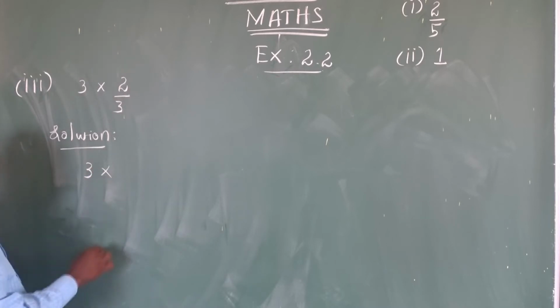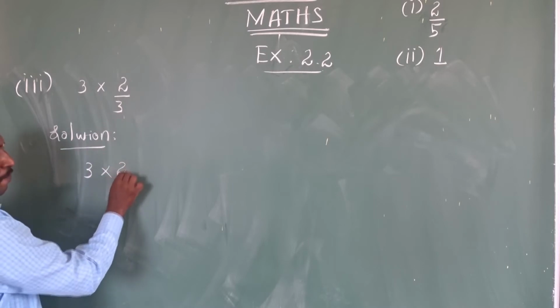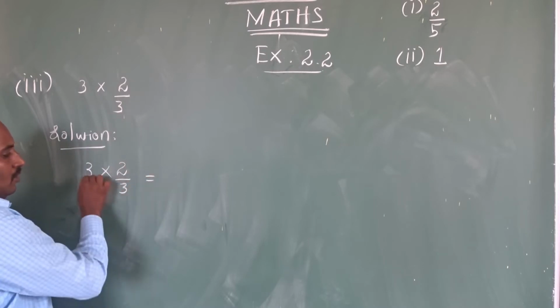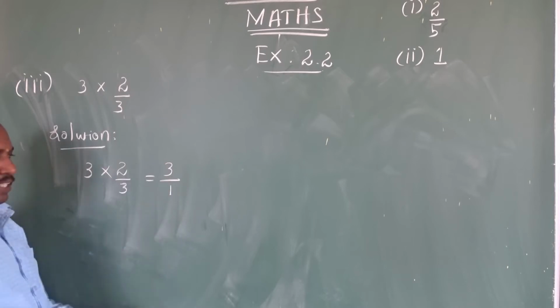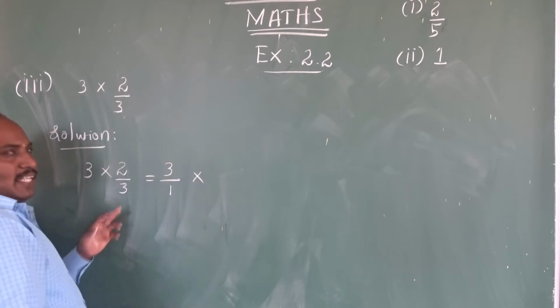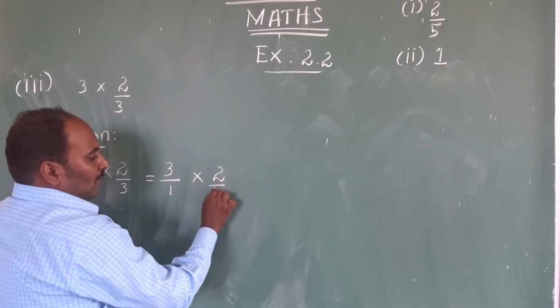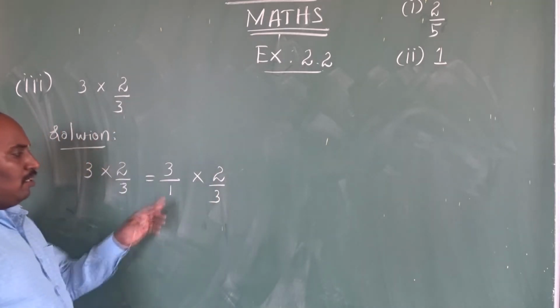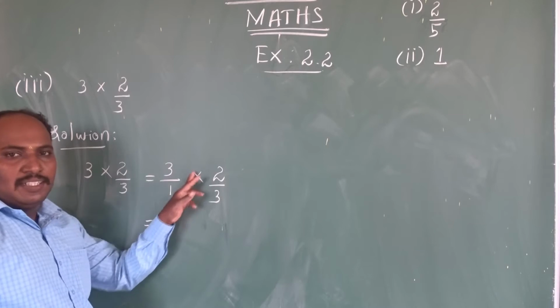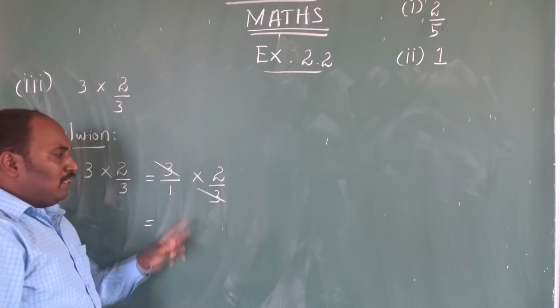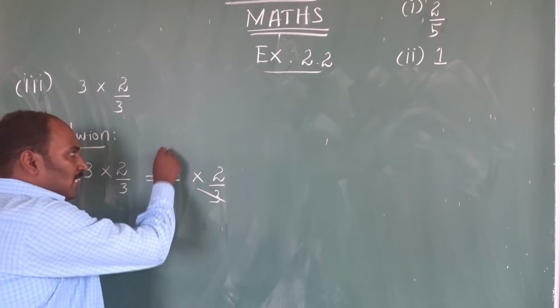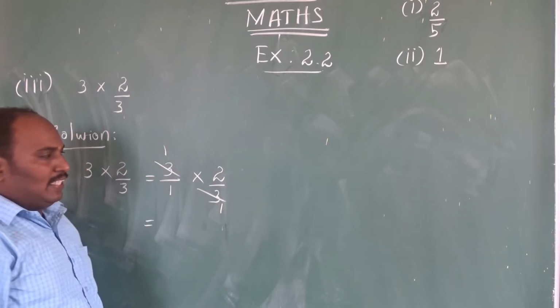We write 3 as the fraction 3 by 1, into 2 by 3. Listen here. Cross multiply: 3 and 3 cancel, leaving 1 and 1.